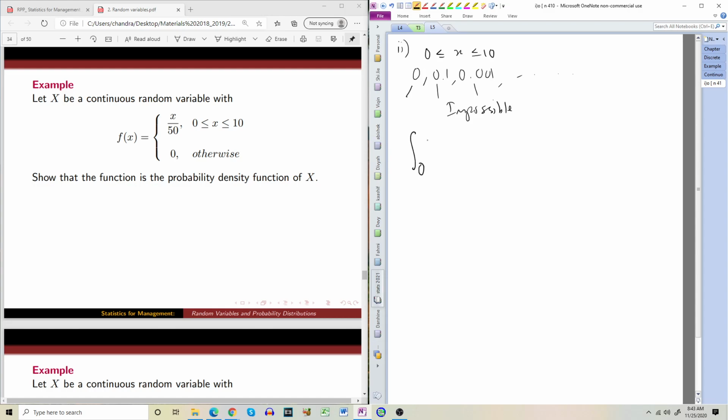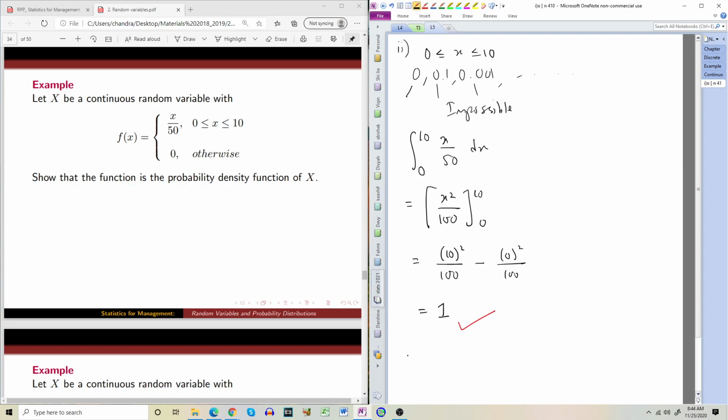So you integrate the function from 0 to 10, if you still remember how to integrate, and you will get 1. So the second condition is fulfilled.